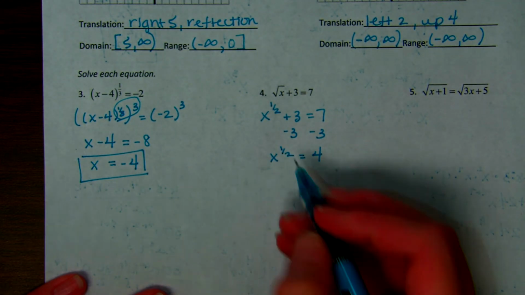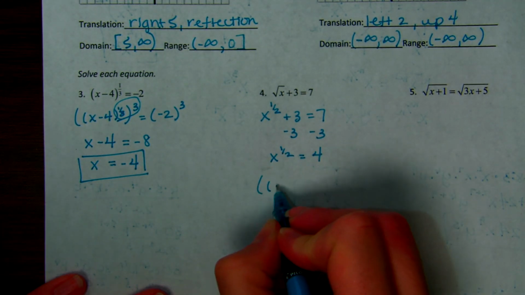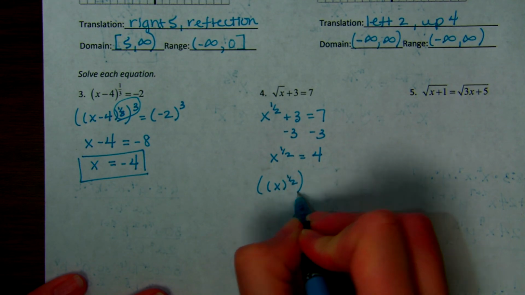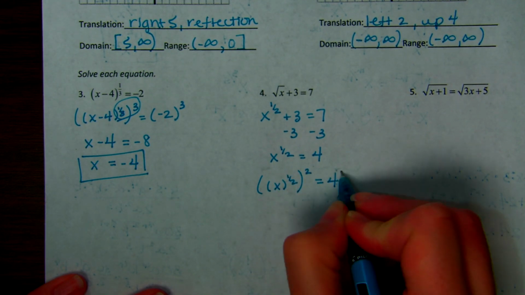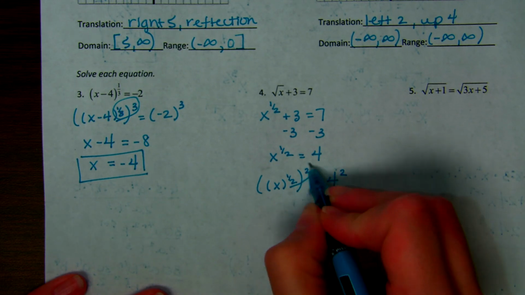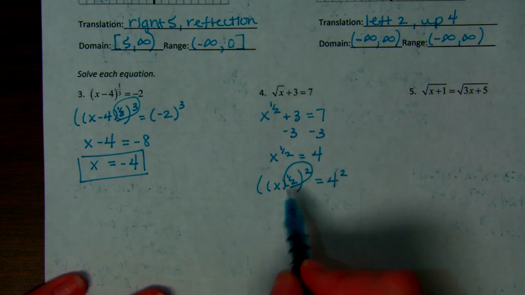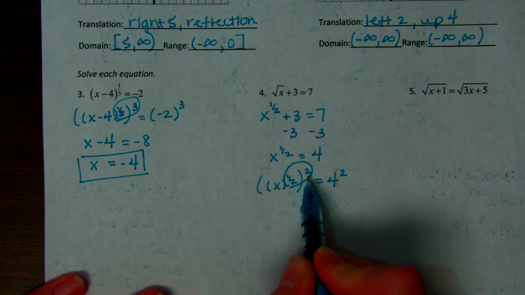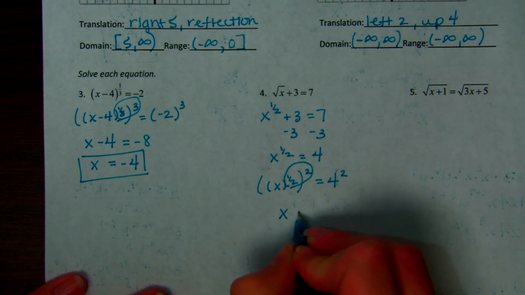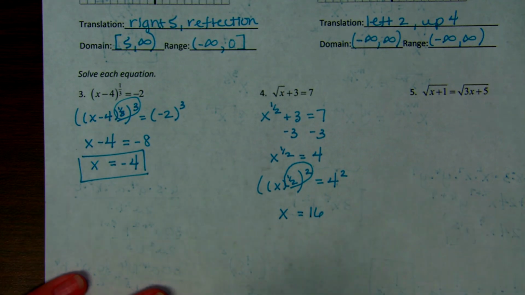To get rid of this 1/2 right here, we have to square both sides. And so this 2 and that 1/2, remember that's using the power property of exponents. 1/2 times 2 is 1. And so I just get x to the first power is equal to 16.